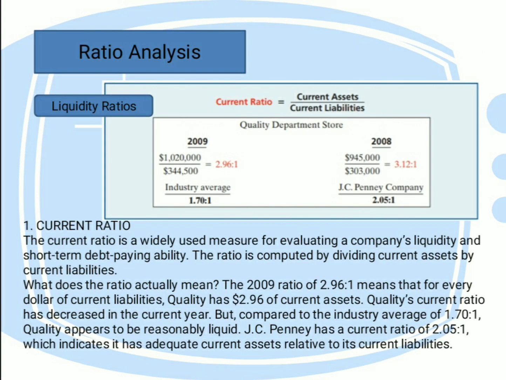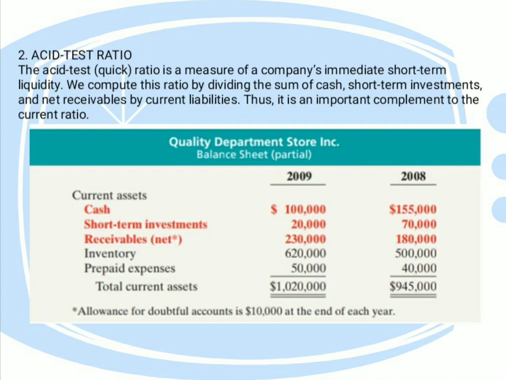Ratio analysis. Liquidity ratios. 1. Current ratio. The current ratio is a widely used measure for evaluating a company's liquidity and short-term debt-paying ability. The ratio is computed by dividing current assets by current liabilities. Acid-test ratio.